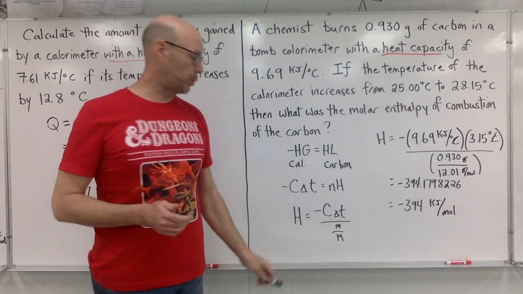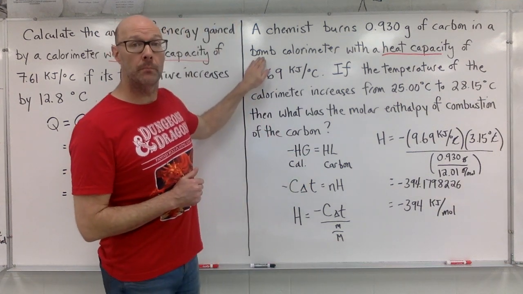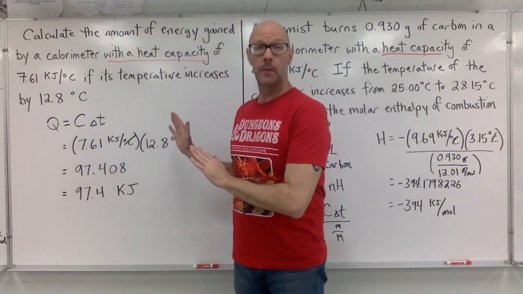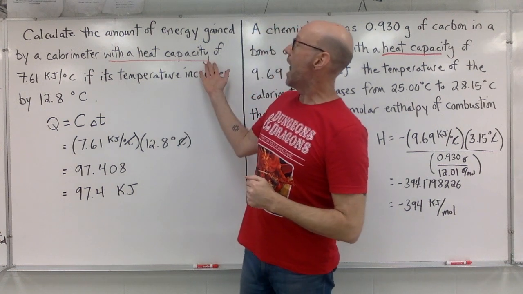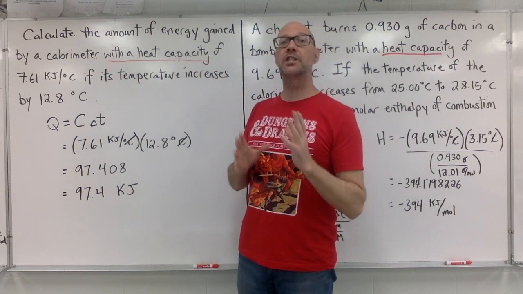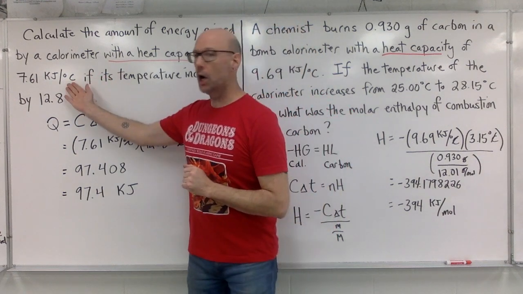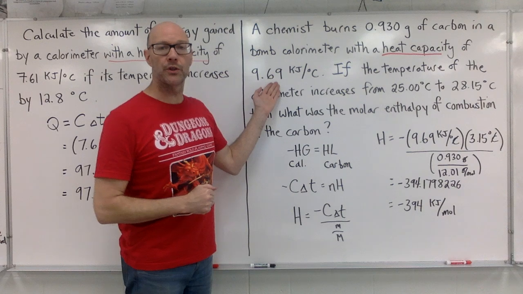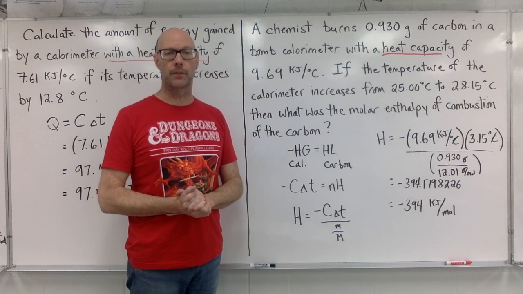Bomb calorimetry questions might have the word bomb in them or might not, but they're always going to have some language cues, often a heat capacity, not a specific heat capacity, a more general heat capacity. Be on the lookout for numbers with those units to let us know it's a bomb calorimetry style question.